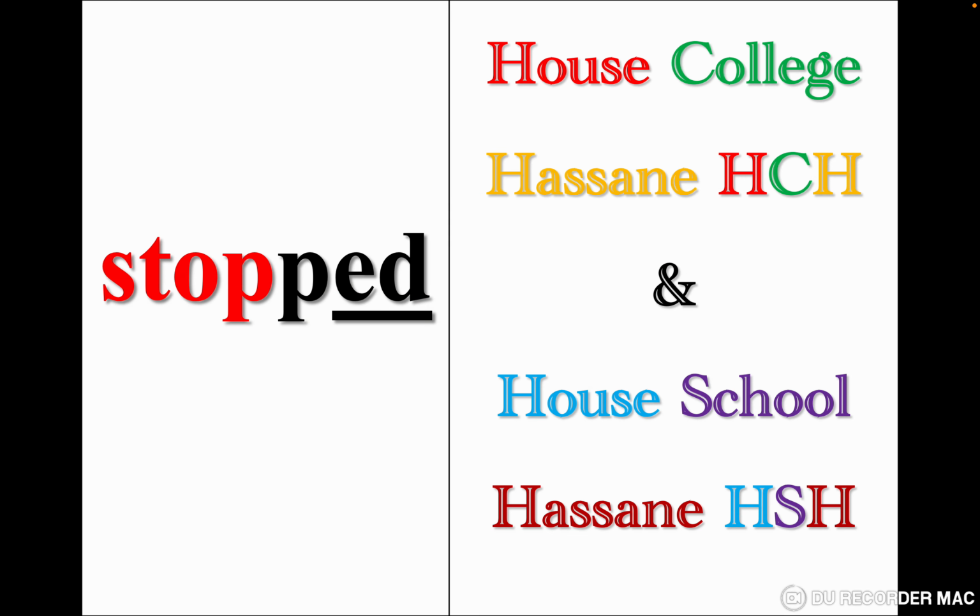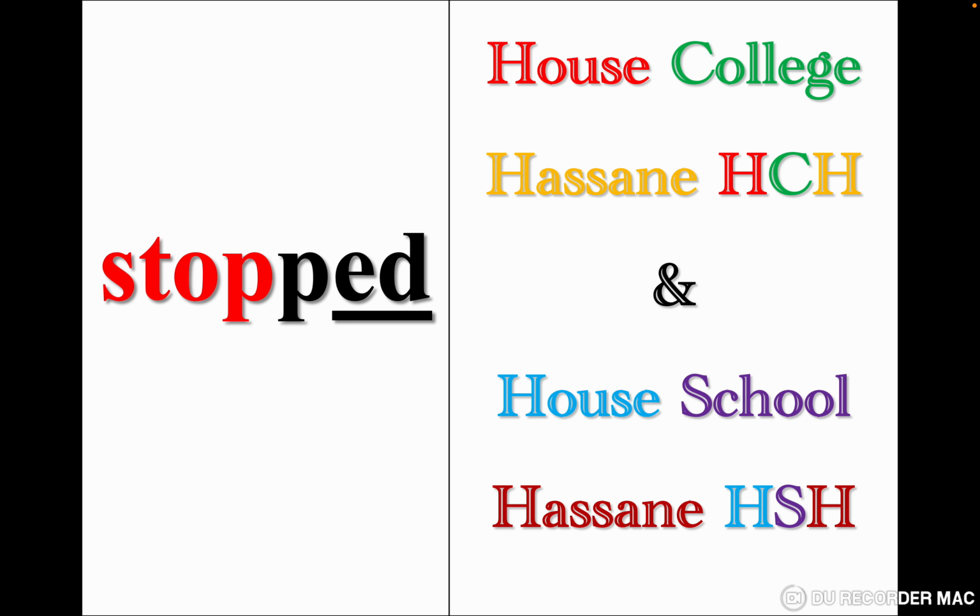So we write it with double P. But there is a problem of pronunciation also. When we study regular verbs in the future, I am going to give you the rules of how to pronounce ed. Here, when we have p plus ed, we pronounce it t.